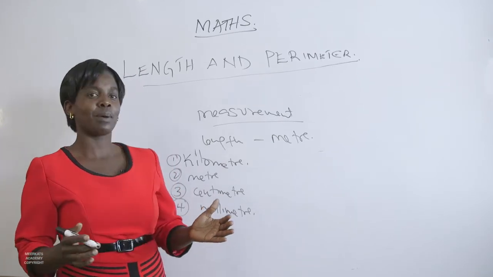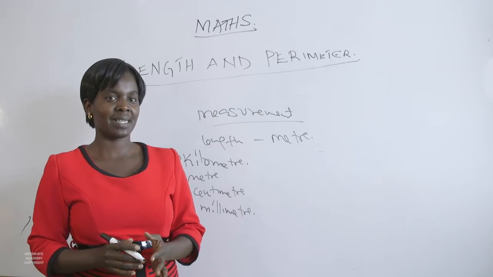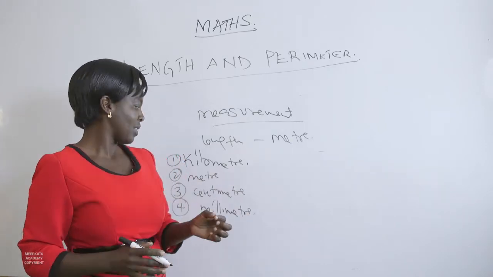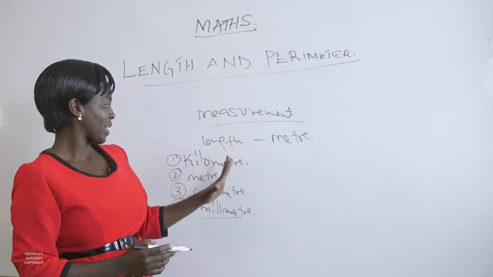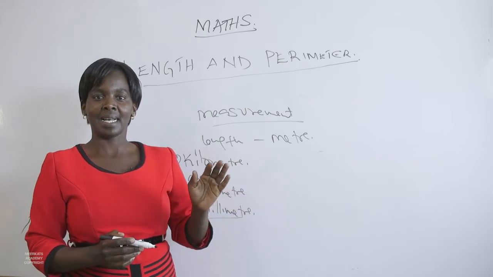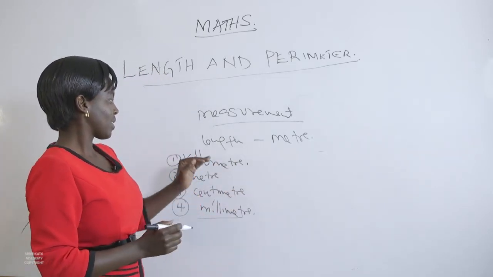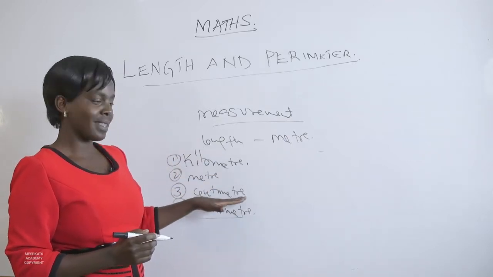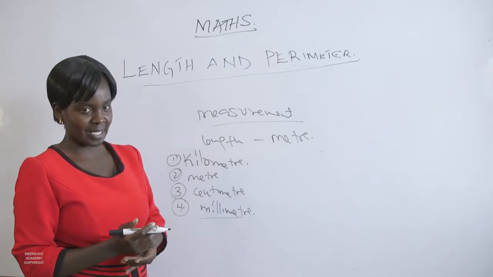For example, if you're talking about a very long distance, use a kilometer. But if you're talking about a very small distance, then we can use a millimeter. What is the difference between them? A kilometer is bigger than a meter, a meter is bigger than a centimeter, and a centimeter is bigger than a millimeter.